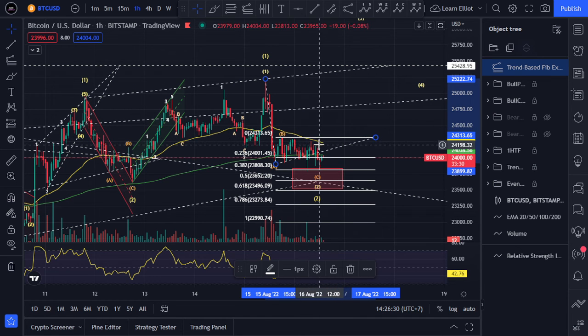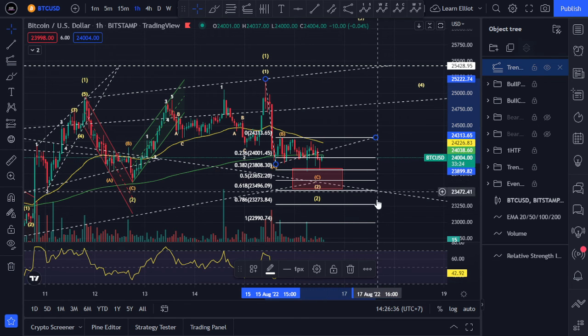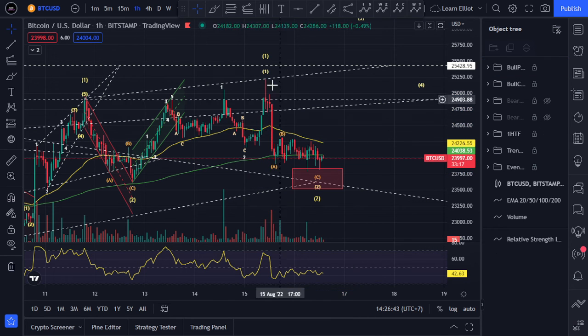So this is the resistance. It went back again and touched the rectangle again, and now maybe a little bit, but I'm still expecting a further drop from this point of view.